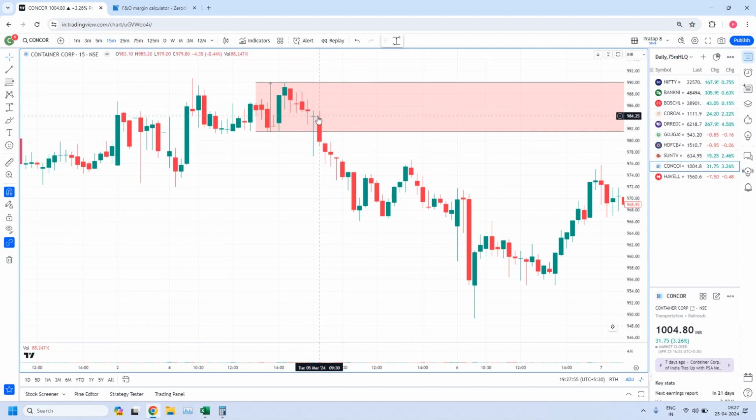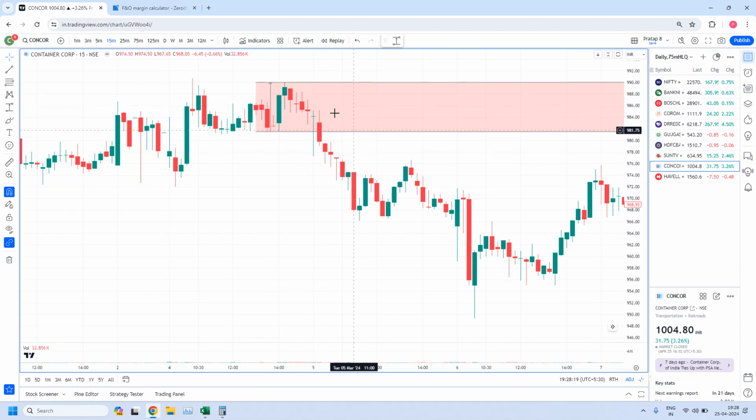Even if you add the hidden body, you get a very small hidden body. So this is like a rally candle. Even if you consider this as a leg in base, this one you cannot consider as a drop. You have to consider it as a rally again. But for this rally, the close should be above this zone, not within this zone. So anyway, this structure is not at all good.